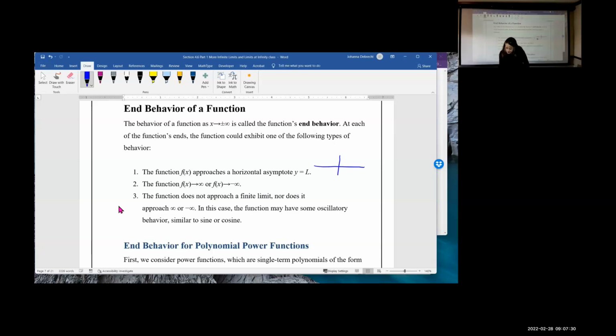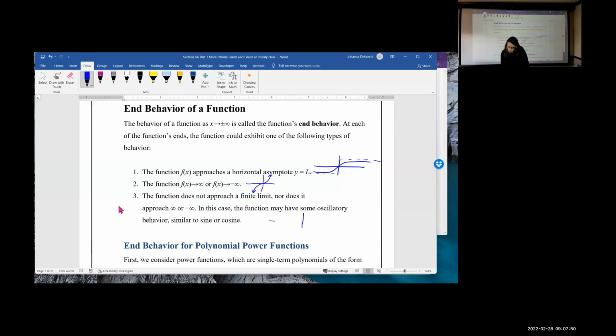This one would be something like where it comes up and then it approaches some value out here, and it approaches some value out here. So those would be two different horizontal asymptotes at infinity. And this one would be like the graph of x cubed, where you would have an infinite limit at infinity.